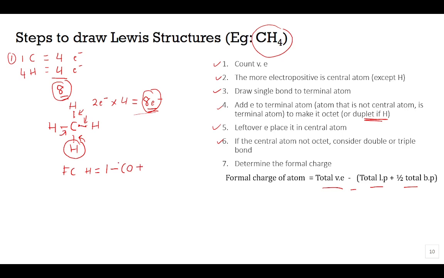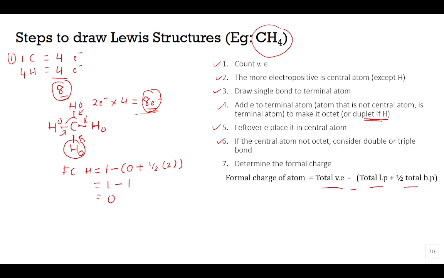Plus half of total bonding pair electrons. This is one bonding pair, which has 2 electrons. So it is 1 minus 0 plus half of 2, which is 1. So this is 0. So the formal charge for hydrogen here is 0. Because all of the hydrogens are identical, all of the hydrogen formal charges are 0.